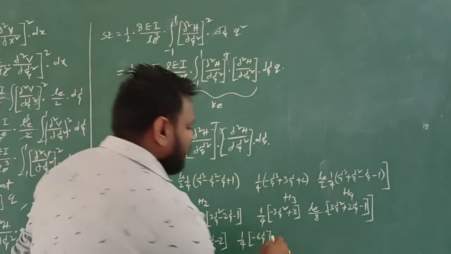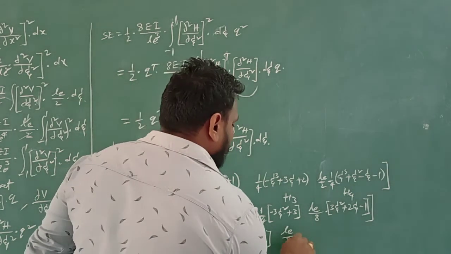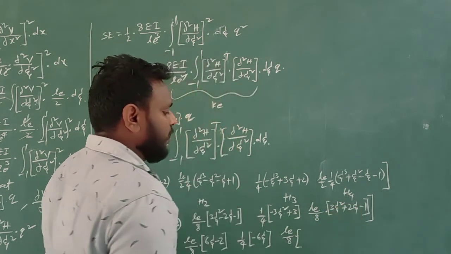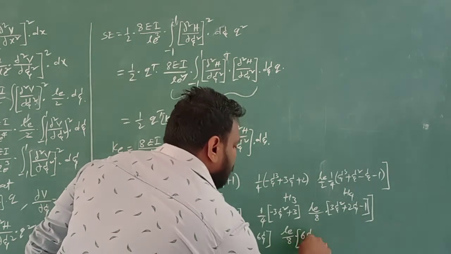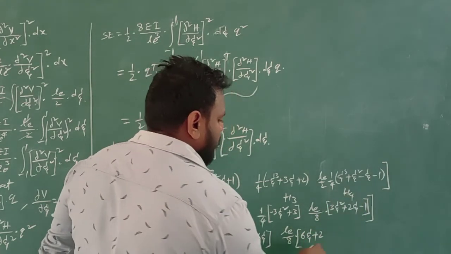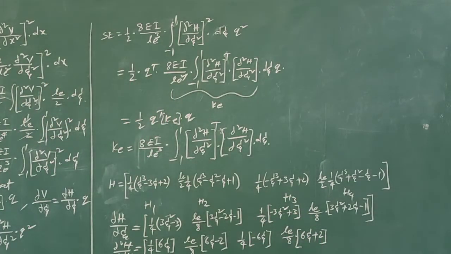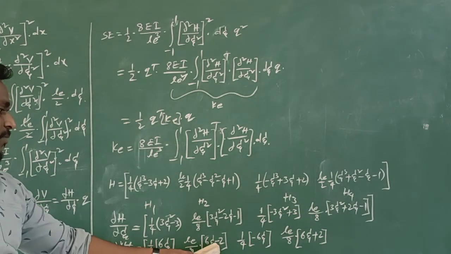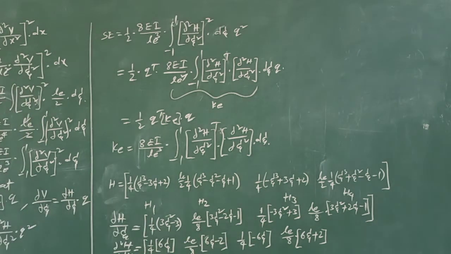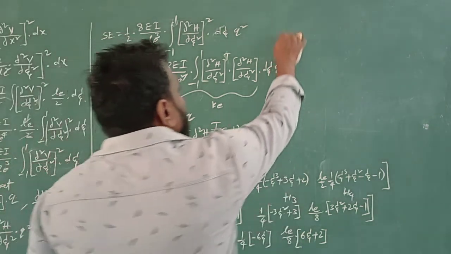Next, LE by 8 into 3j square, that is 6j plus 2. Here 6 minus 6j, minus 1 minus j; here minus, here plus. This is the final equation. Finally, we got it like this.